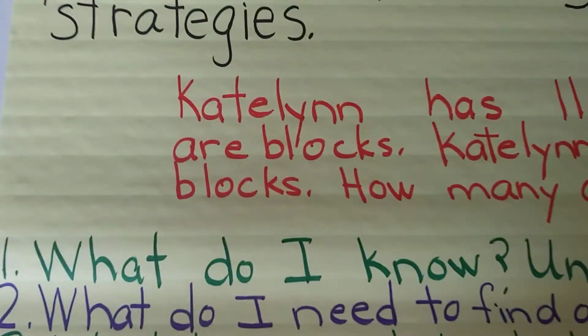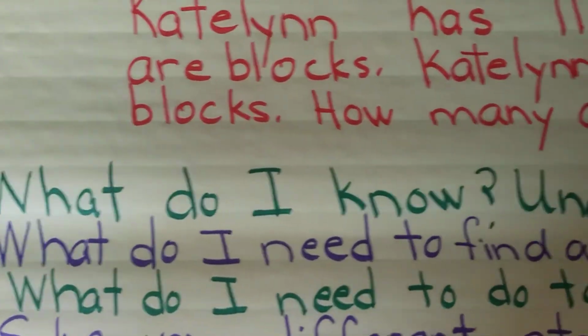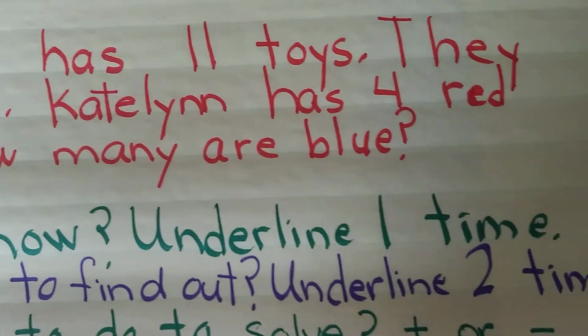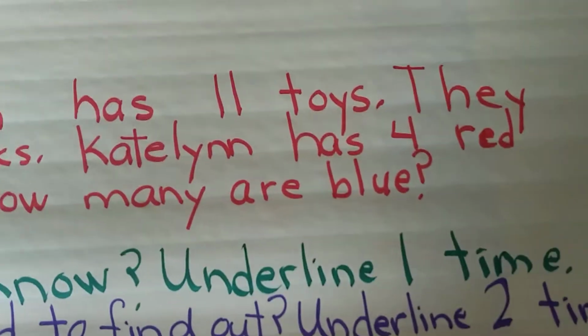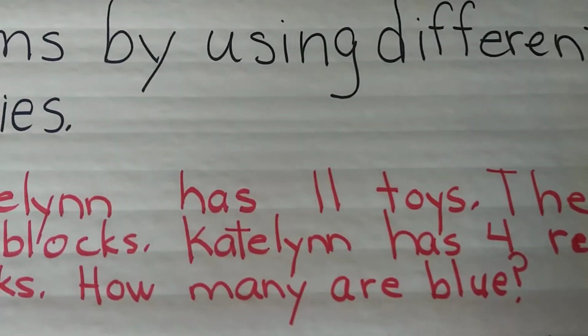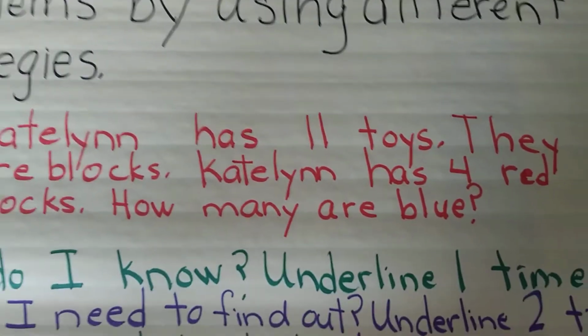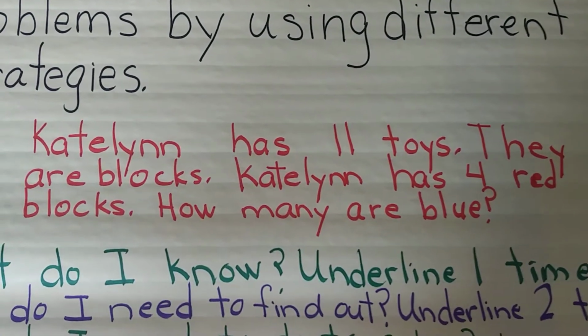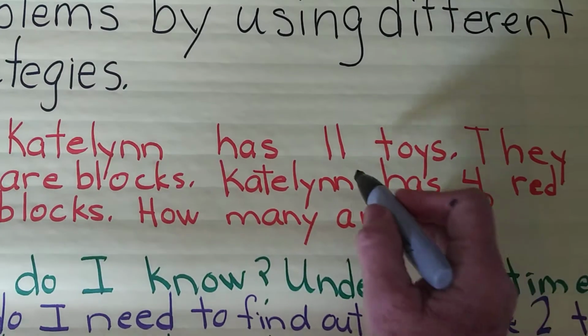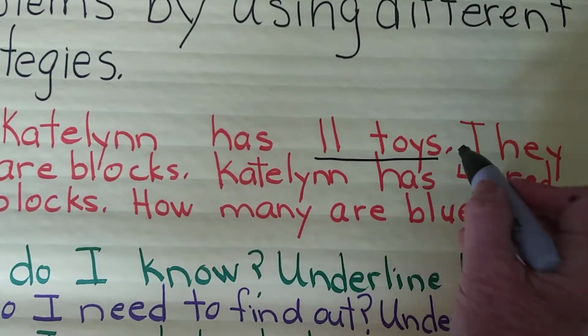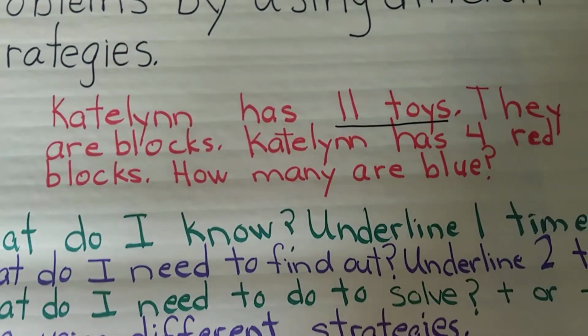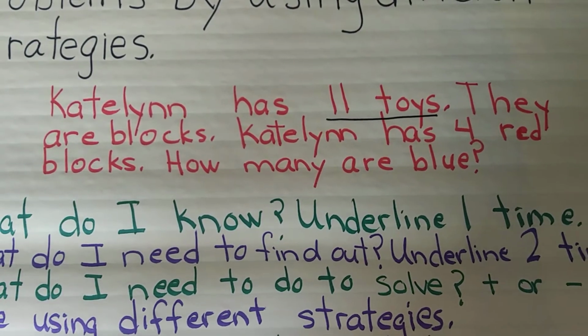First of all, what do I know? Underline what you know one time. So let's go back into our story, and it tells us that Caitlin has 11 toys. So we know that she has 11 toys. Let's underline it one time. They are blocks. Do we need to know that?